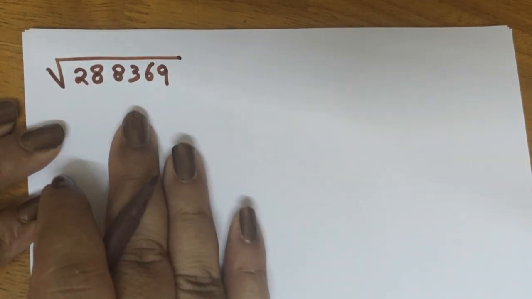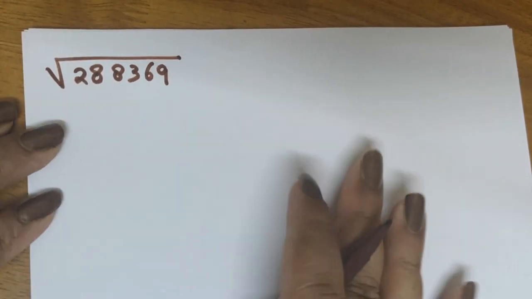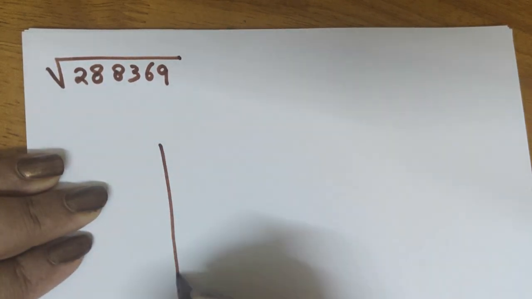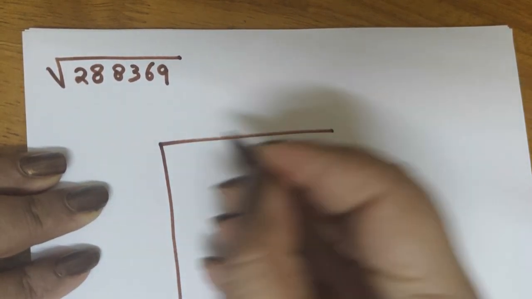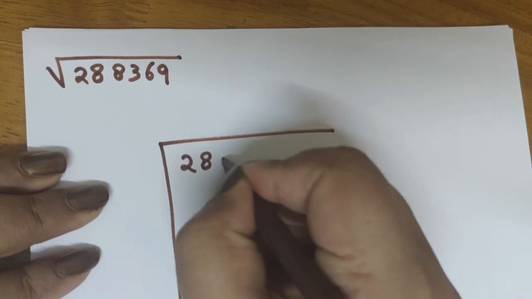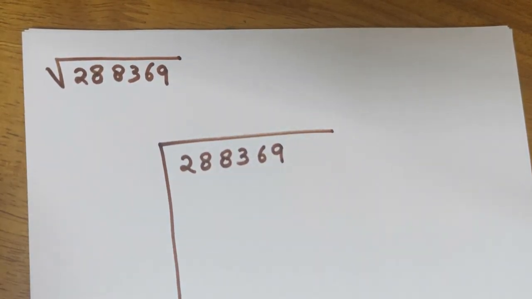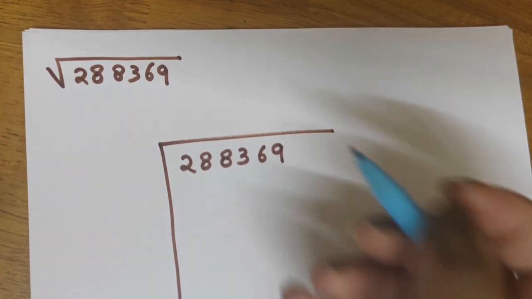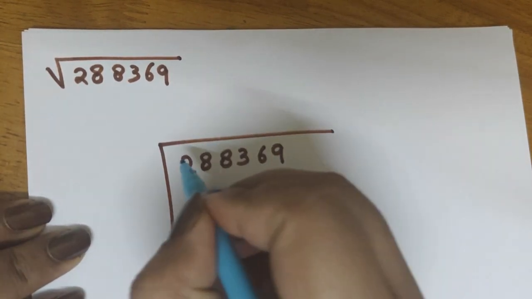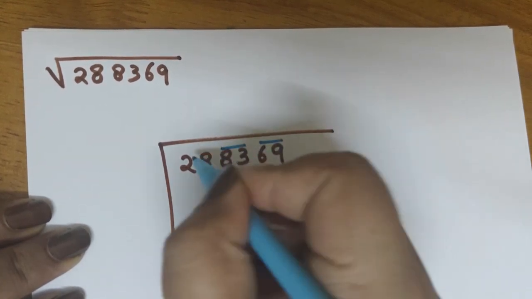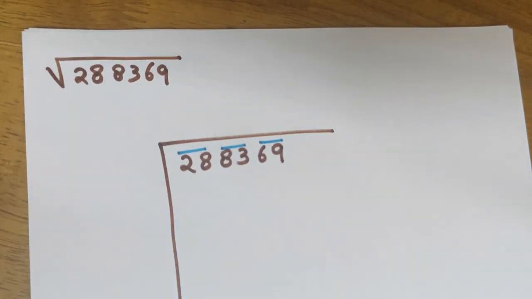So let's try and solve it using the division method. I will write this number here. From the right hand side towards the left we will start making pairs. 1, 2, 3. So I have got 3 pairs.